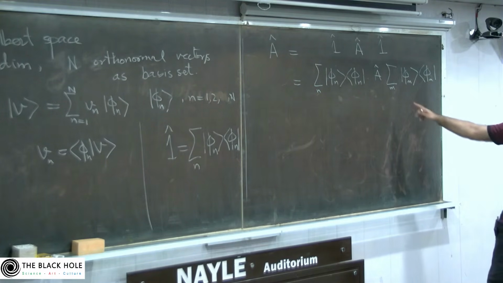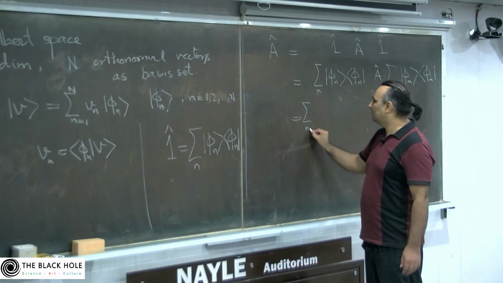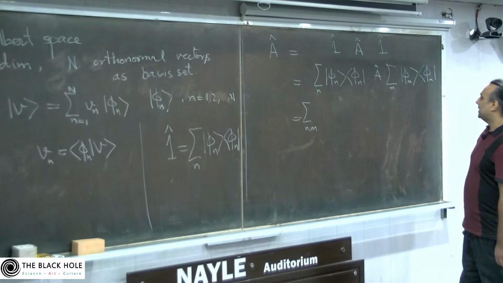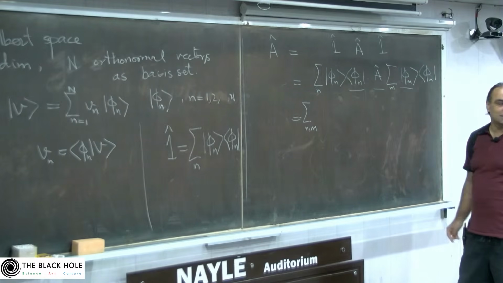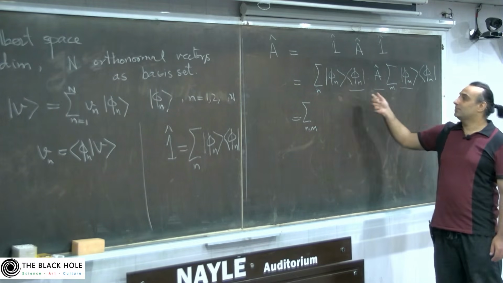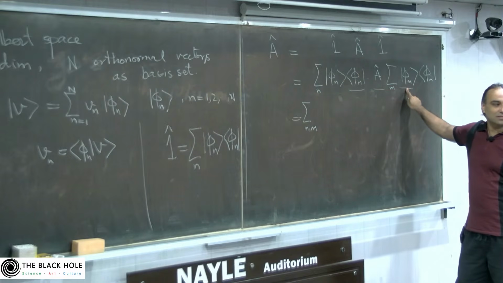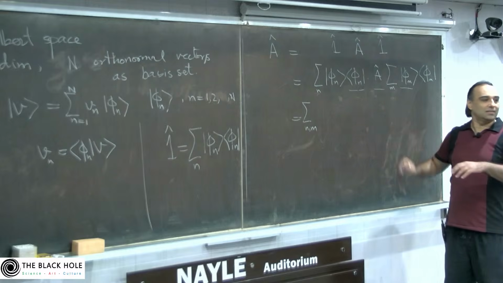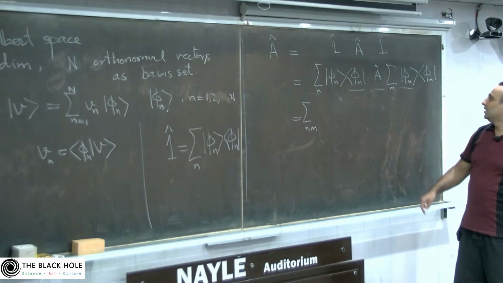Now what you can see is we can take this sum outside. This will be a double sum. This is an operator, so this operates on this, gives a state, and this is an operator that makes that state a number, just like an inner product.